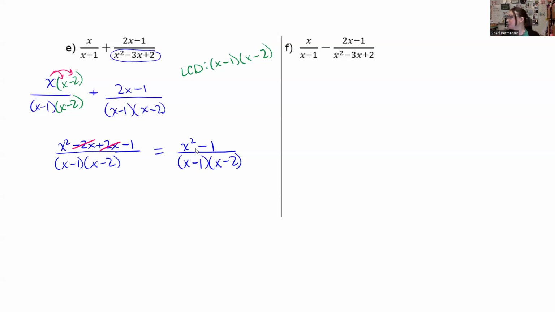It's a difference of perfect squares. It turns out to be x plus 1, x minus 1. And now we do one more scan to see, are there any factors that repeat in the numerator and denominator that I can cancel?